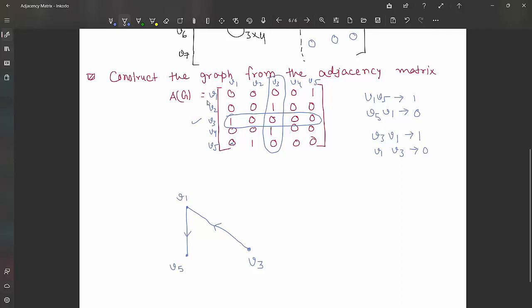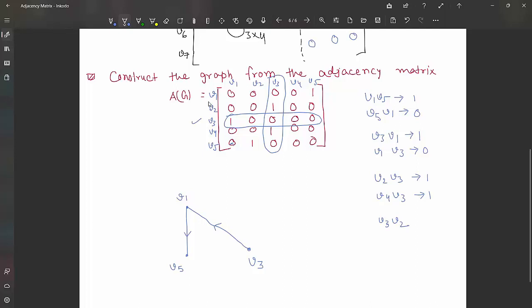Now coming to the column, you can see that v2 is adjacent to v3. So corresponding to v2 v3 you have 1, and corresponding to v4 v3 you have 1. But from the row, v3 v2 is 0, and v3 v4 is also 0.